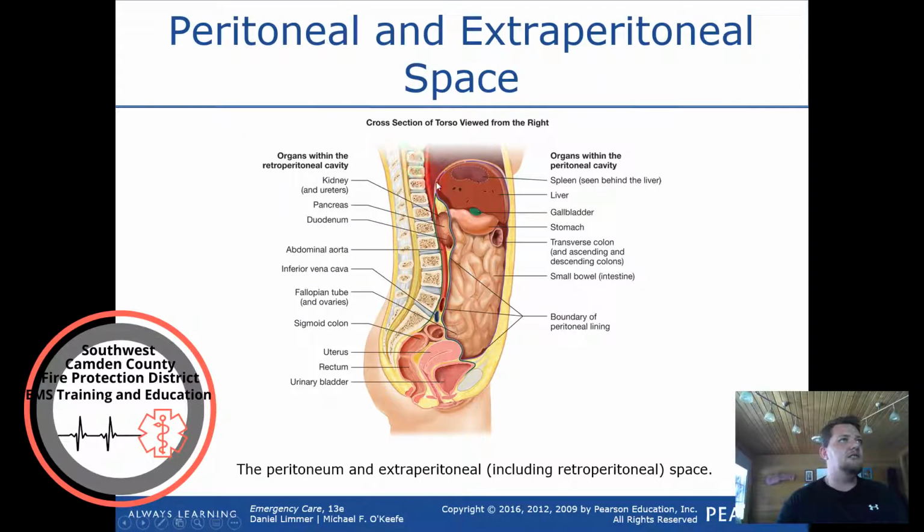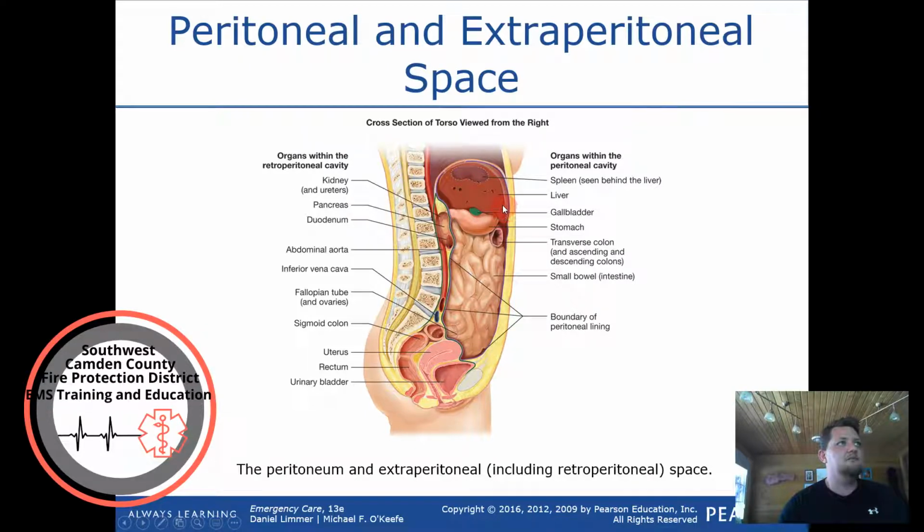Okay, so this is a cross section of the torso. When we look at the abdomen, starting up here at the spleen and the liver, you can see there is a line that goes around these organs.